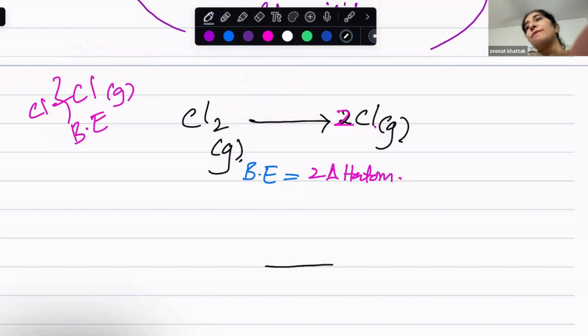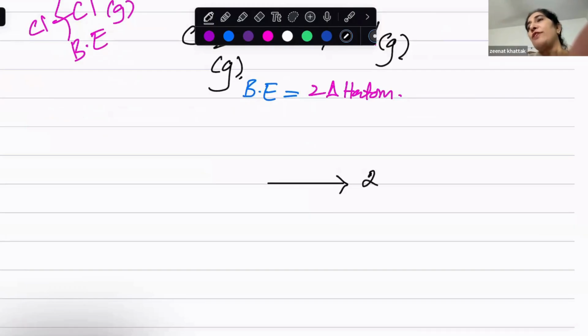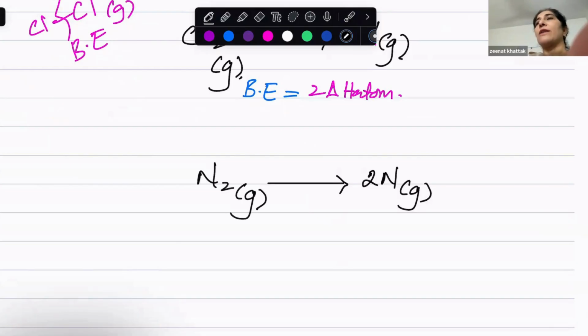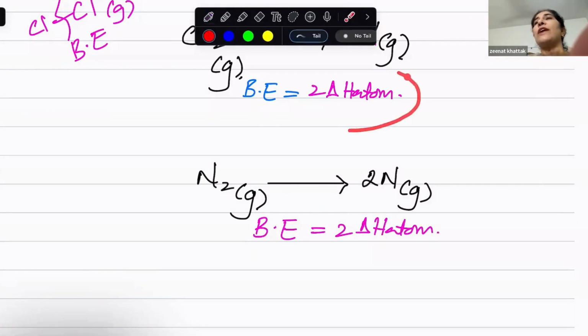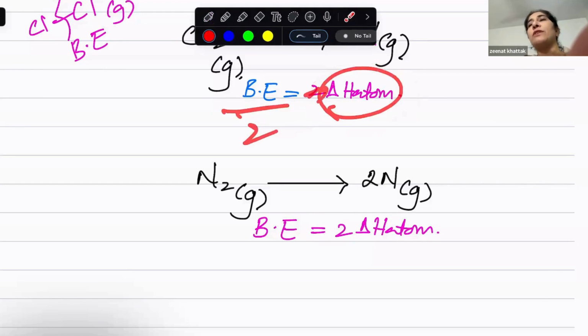Now next. 2 nitrogen from N2. Again, can we say the bond energy is equal to 2 atomization? Yes. So 2 atomization is 1 bond energy. 1 atomization is half bond energy.